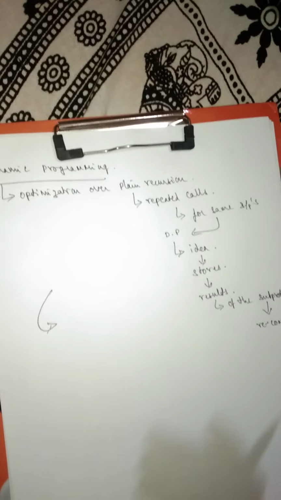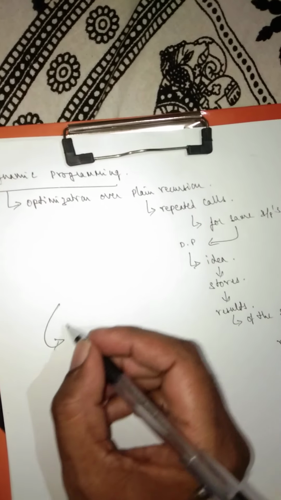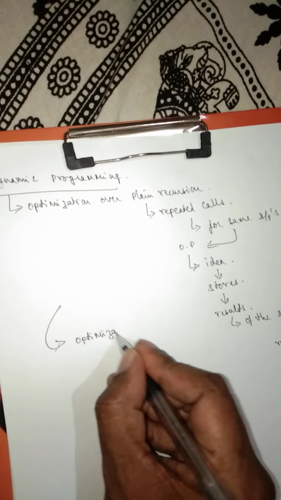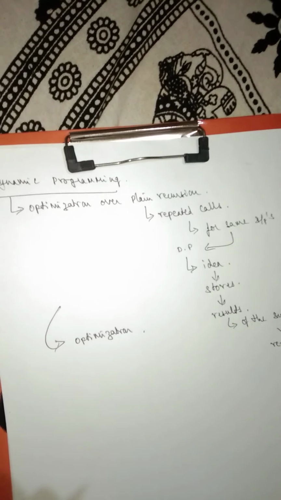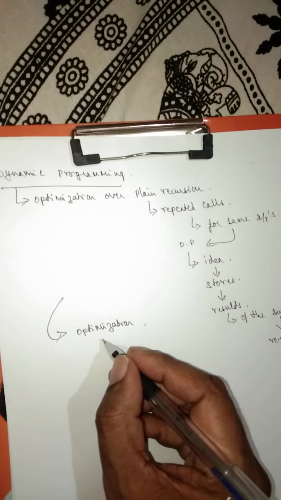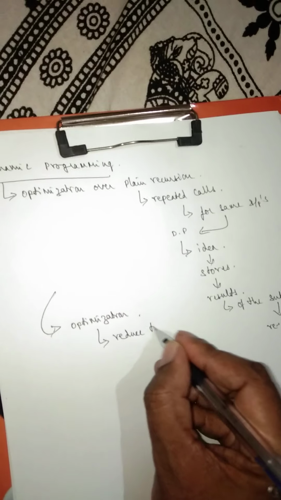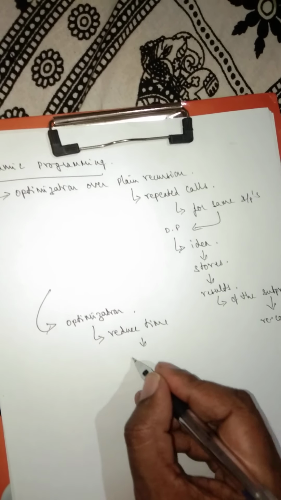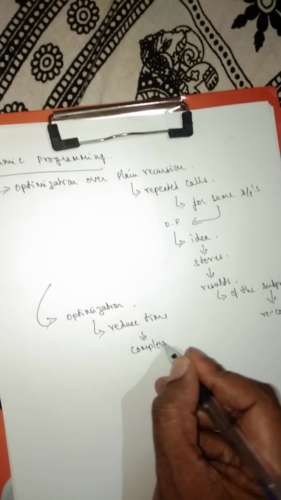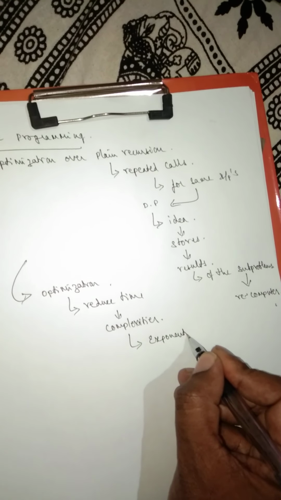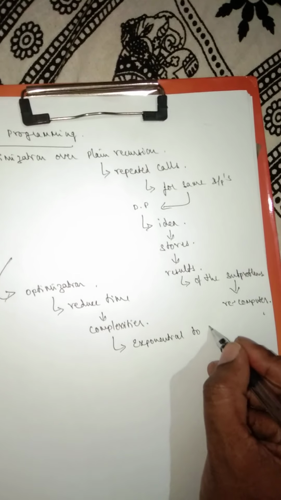So here what we try to do is optimize it. The optimization is that we try to reduce the time complexity from being exponential to polynomial.